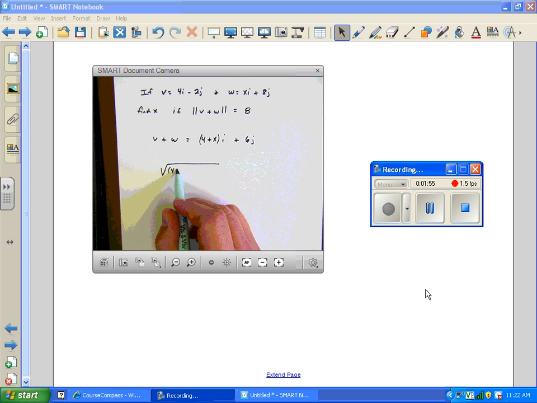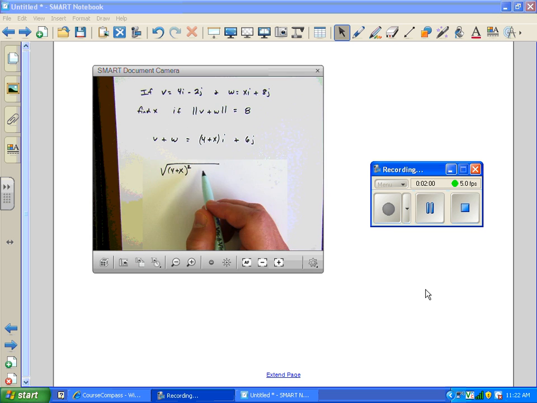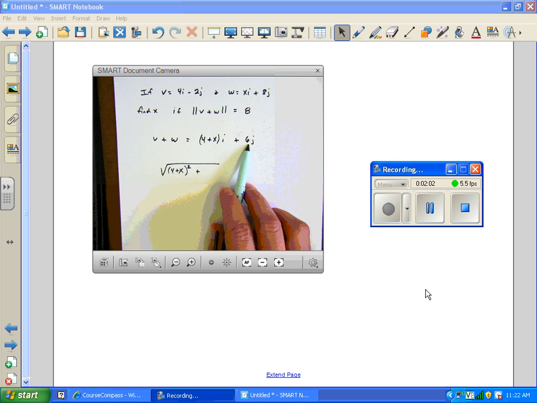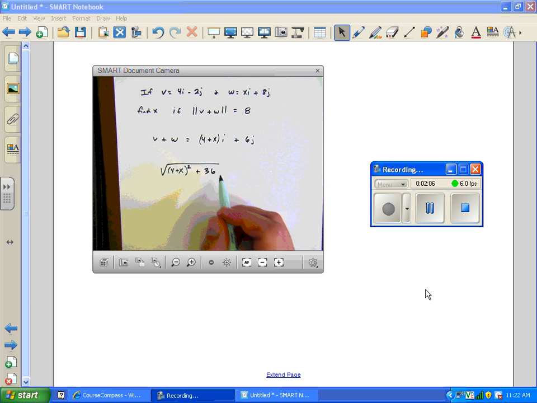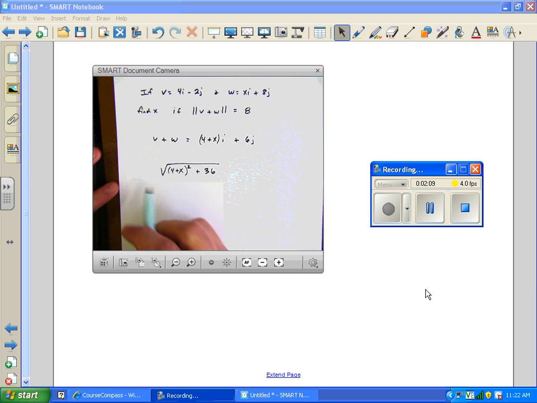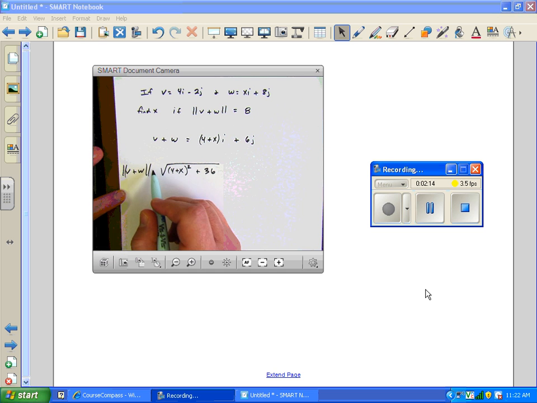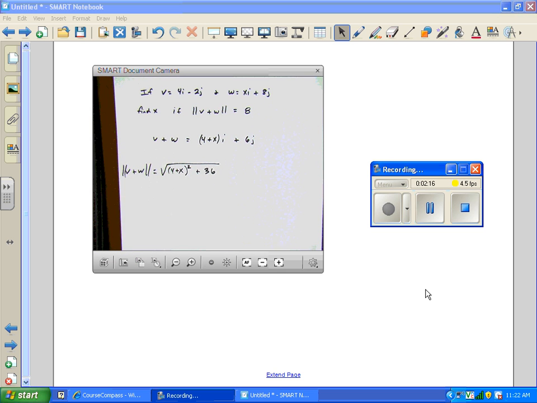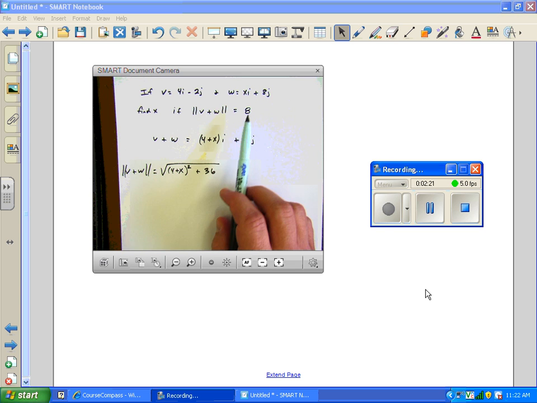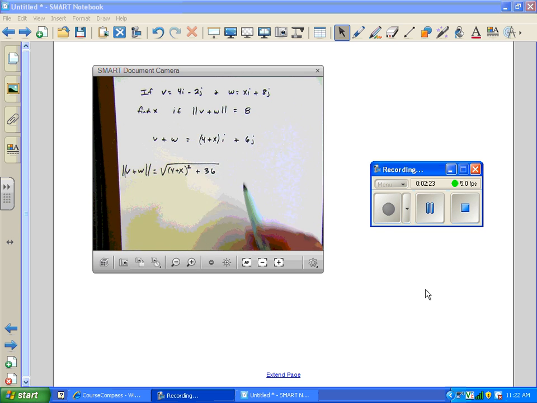So 4 plus x quantity squared plus 6 squared, which would be 36. So there's the magnitude of that vector. Now, what are they saying the magnitude of V plus W should be? 8, right? And so now we have an equation to solve.